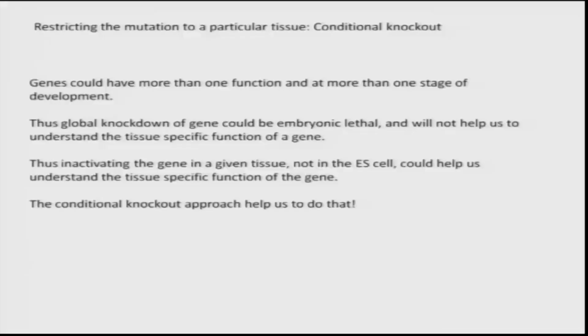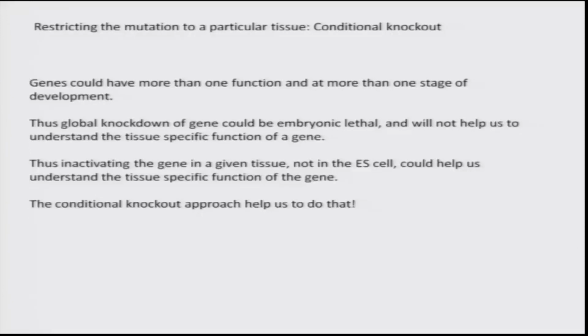Genes can have more than one function at more than one stage. For example, they could have a function in development, and after that, once the animal becomes adult, they may have some specialized function. If you really want to understand how the gene contributes to these two distinct phases, then you want to restrict the mutation to a certain developmental stage or to a certain tissue.